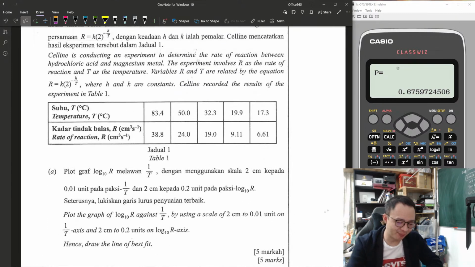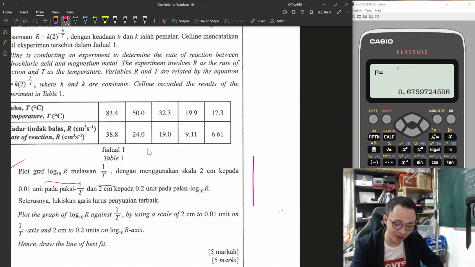First they asked us to plot log 10 r against 1 over t. So my graph later will be something like this. Log 10 r against 1 over t. 2 centimeter is 0.01 units on the 1 over t axis. So this one is sort of like 0.01, 0.02, 0.03 and so on.